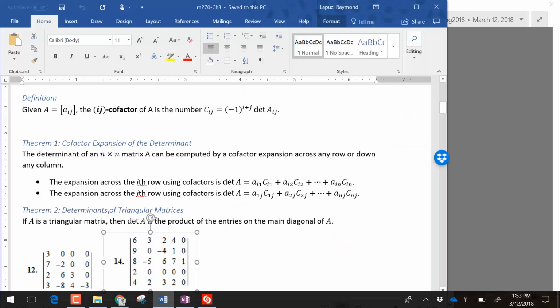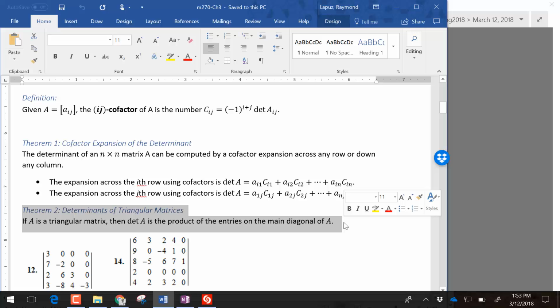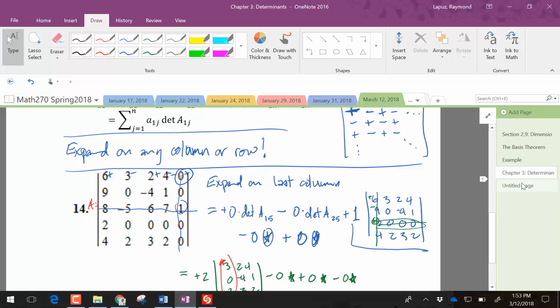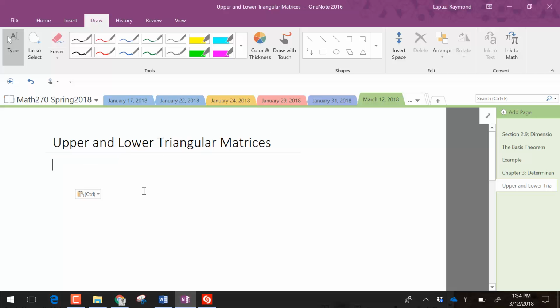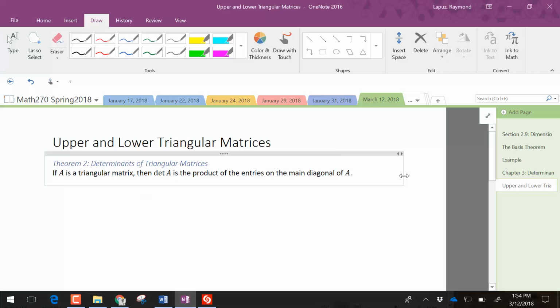Now imagine you have an upper triangular or a lower triangular matrix, or even a diagonal matrix.